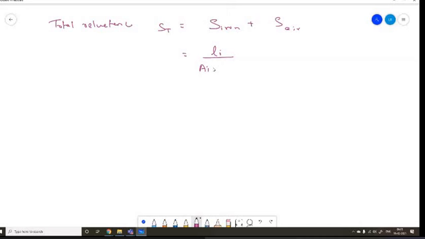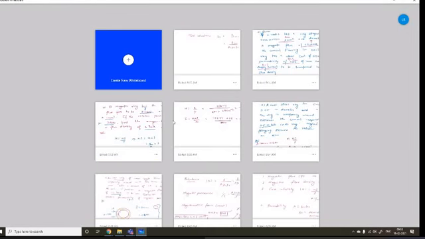Plus L air divided by mu 0 mu r. How do we find the area of cross section? Let us see what is given in the question.